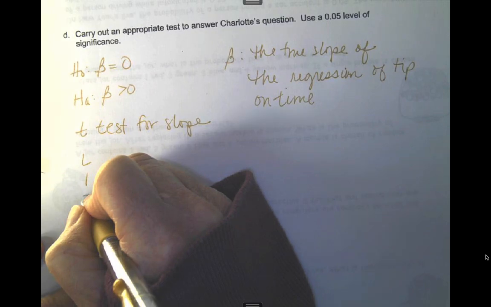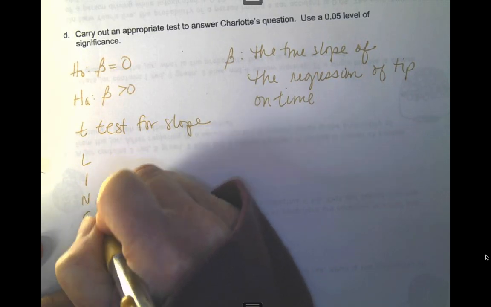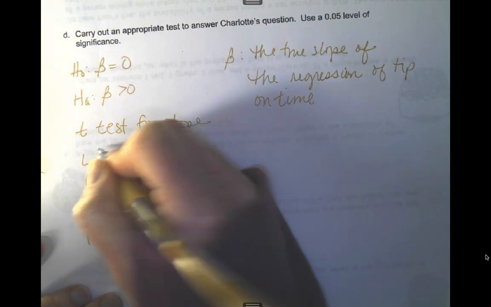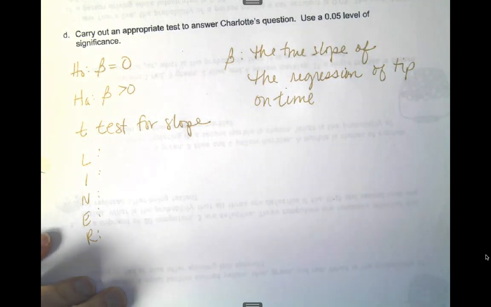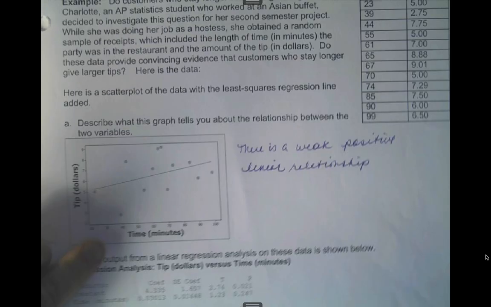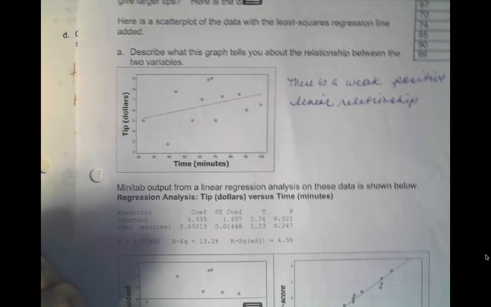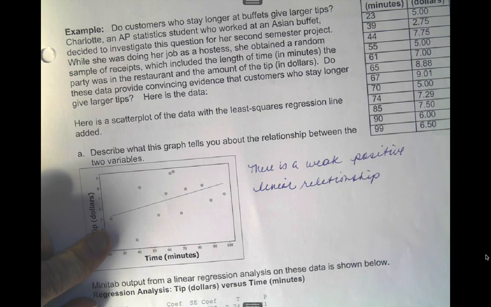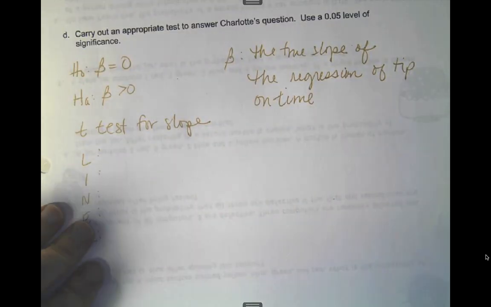So the conditions I want to check is this LINER. So if you look back to the original graphs, they gave us all the graphs. So there's my scatter plot, and I have a residual plot. If I look at the scatter plot, the scatter plot is mostly linear.